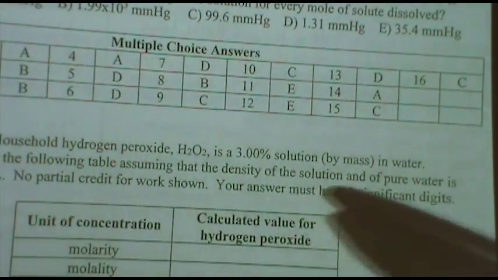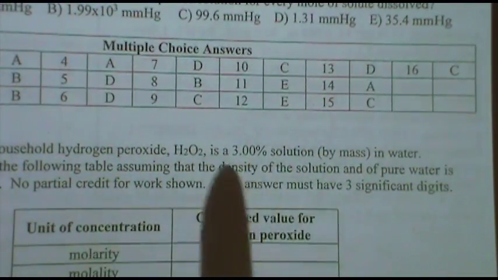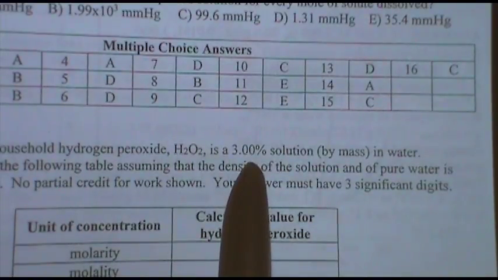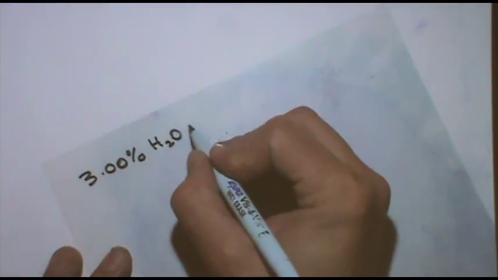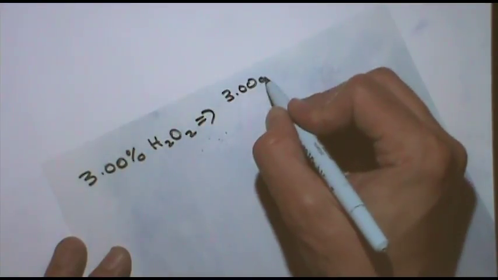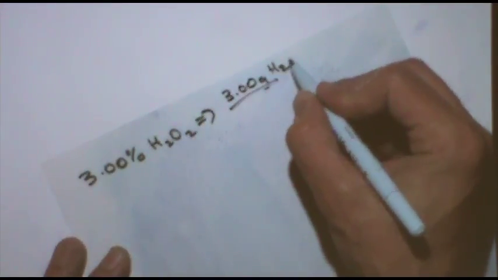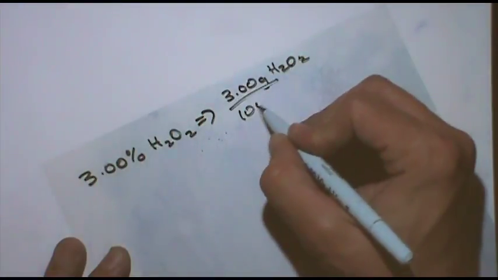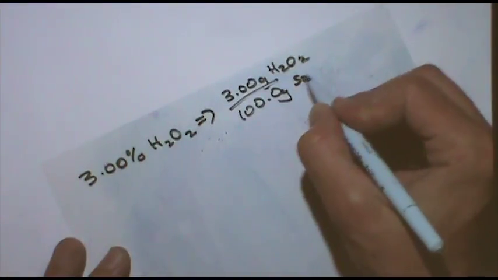So let's do 17. Hydrogen peroxide, kind of similar to before, but now you're given a percent mass. So now you've got to go through that action. Let's do that. You've got to go backwards for percent mass. That means 3 grams of H2O2 for every 100 grams of solution.